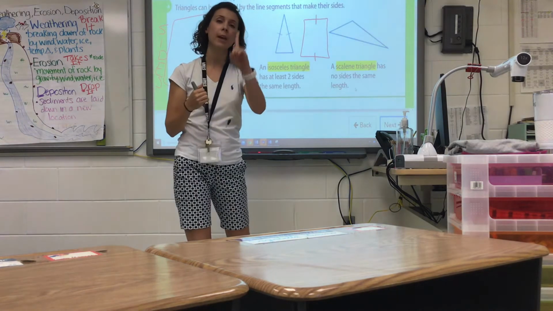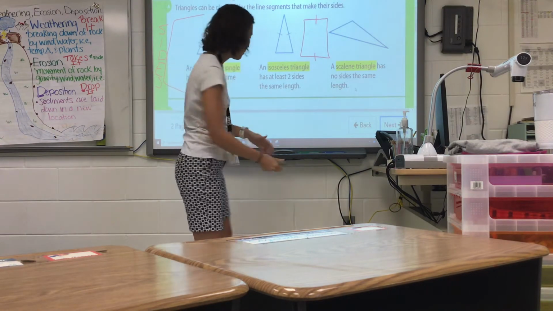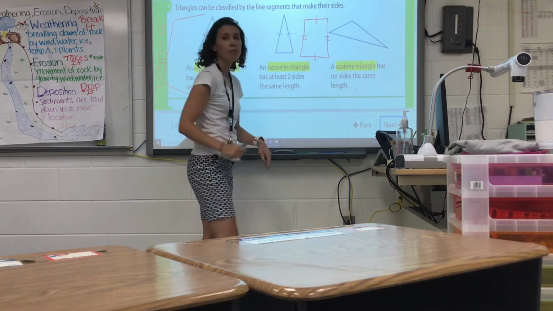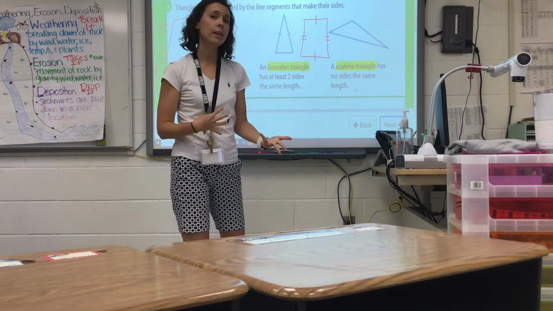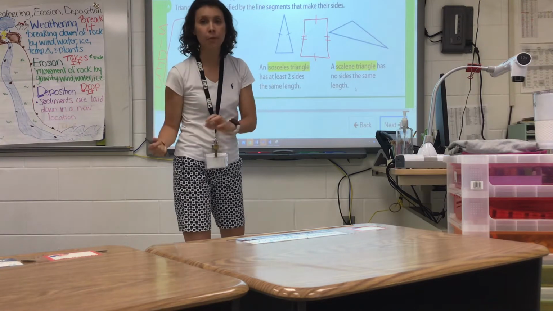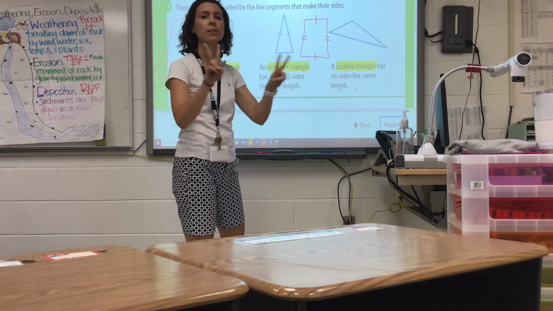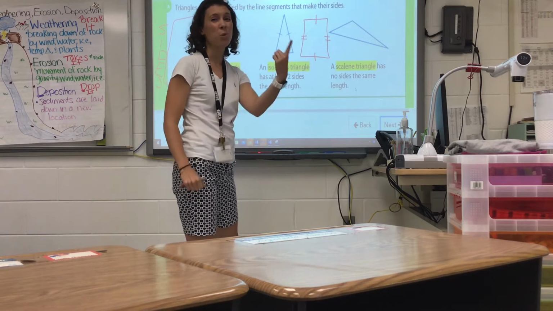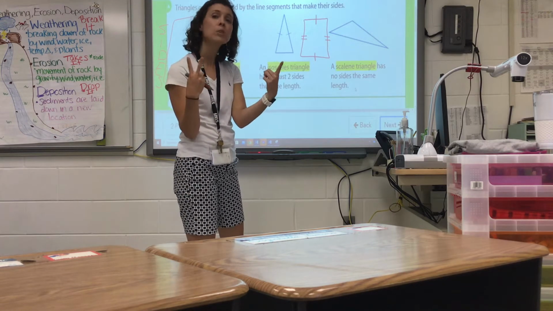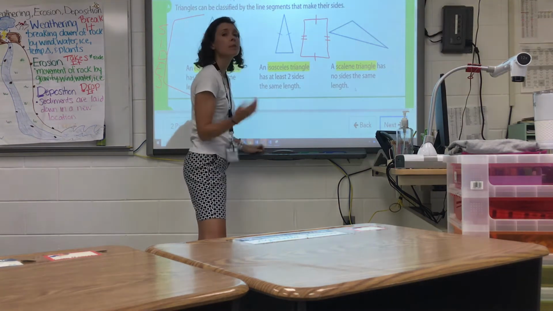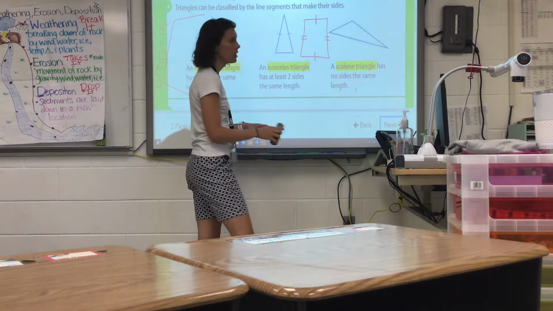They each have one line, which means they are the same. But then I've placed 2 lines on these because they are different. So the ones that have one line are the same. The ones that have 2 lines are the same. But clearly we know 1 and 2 are different numbers, so those would not be the same. All right? So that's kind of what those mean if you see those lines on any of your triangles.